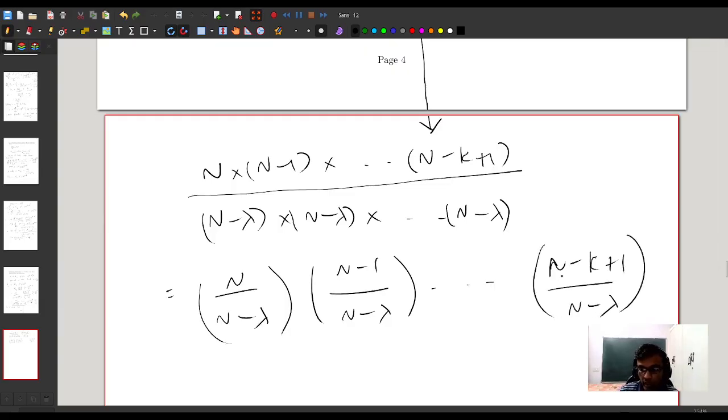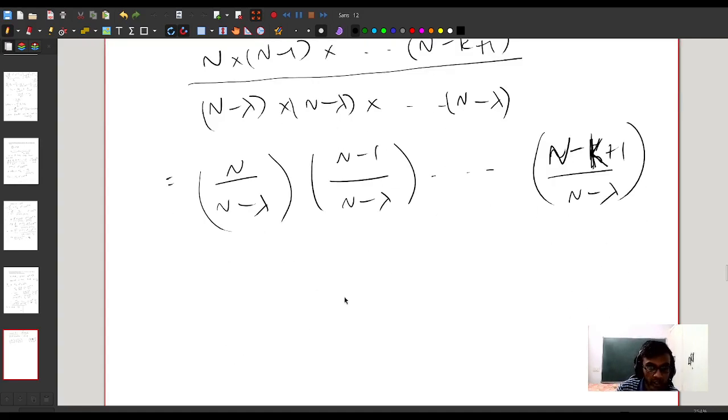So for any finite k, first we have to take the limit n going to infinity. For any finite k, we have a finite number of terms here. We have k terms to be precise, and for each of these the limit exists, as n goes to infinity, and each of these is equal to 1.